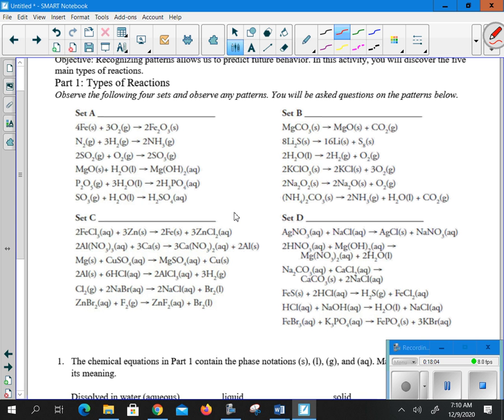Then it's element, element, and a single product. Then it's a compound and an element, but a single product. And then it's a compound, but a single product. If you always just have a single product, it's a synthesis reaction. So everything in this set is a type of synthesis reaction. Again, the key part is a single product.